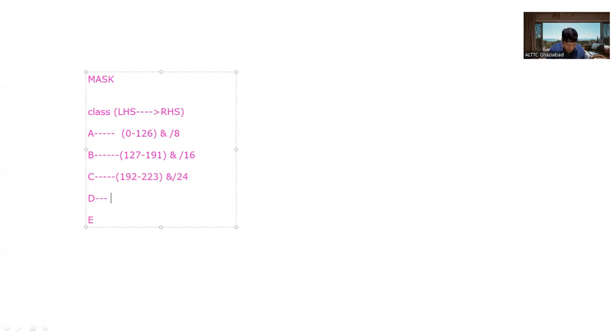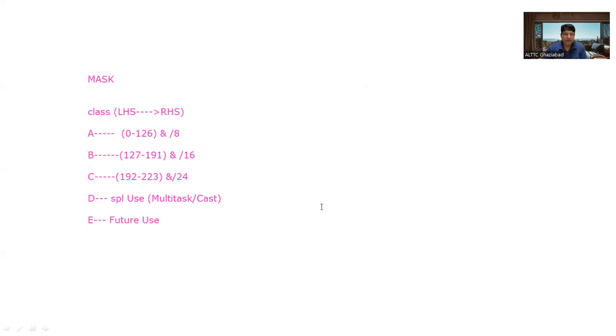It is just used for a special use, and this is also known as multicast. And what about E? It is just defined for future use. It was for future use.